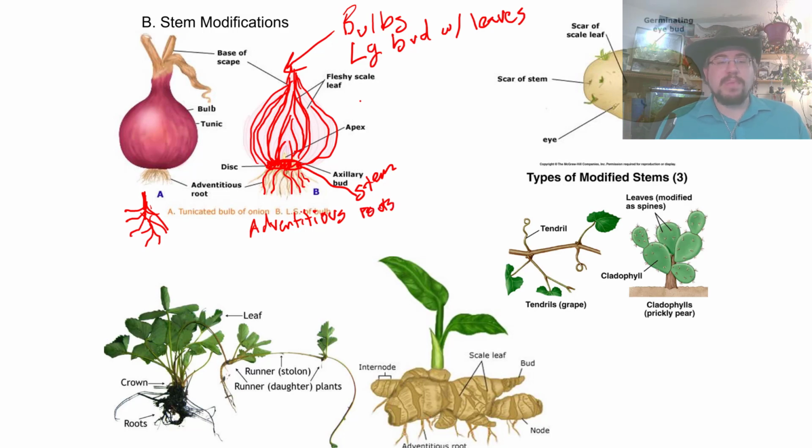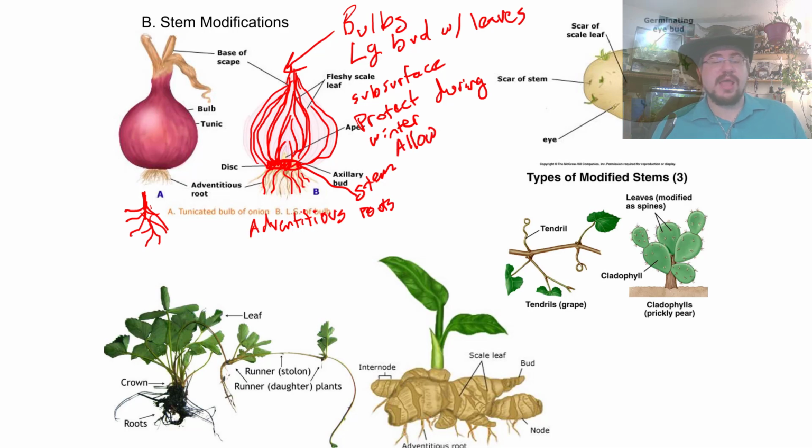So, bulbs are generally subsurface, and they protect the plant during winter and basically allow the plant to germinate back to life.